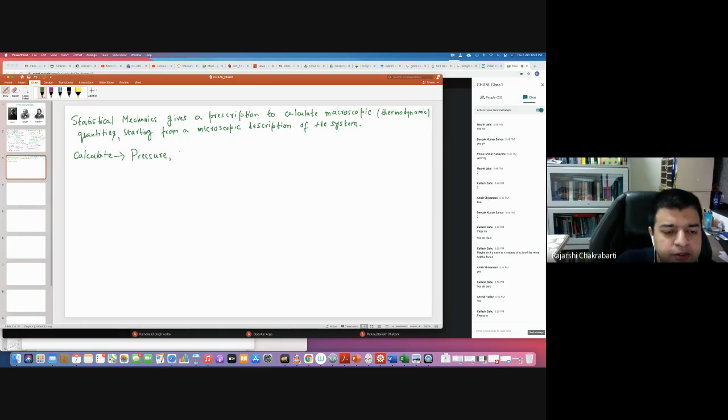You can calculate, for example, the entropy of a system, the absolute entropy of a system. You can calculate free energy. All these things, but starting from a microscopic description. What do you mean by microscopic description?